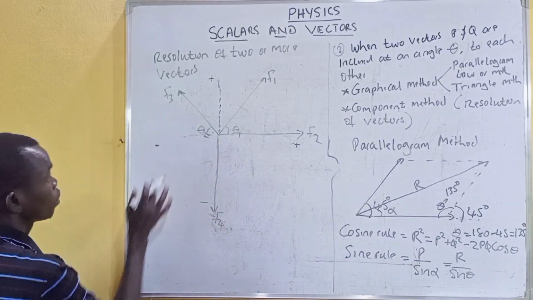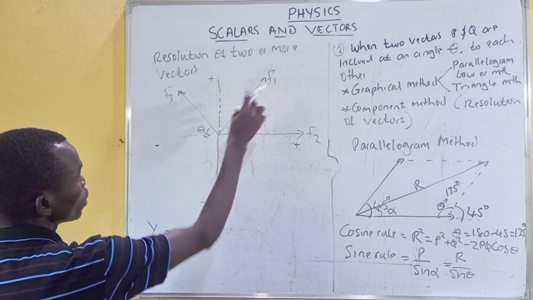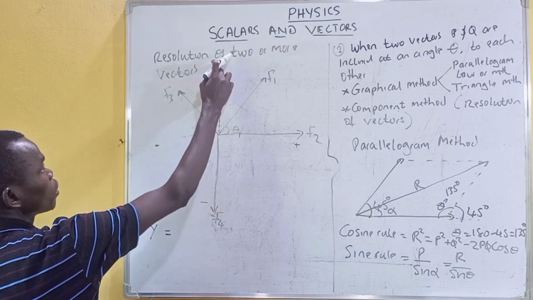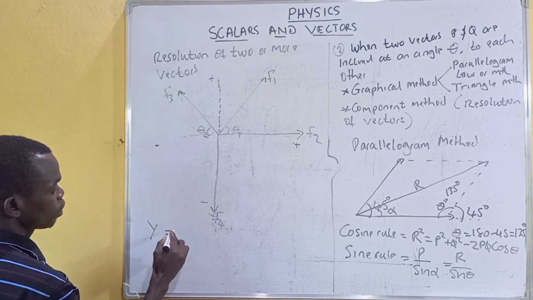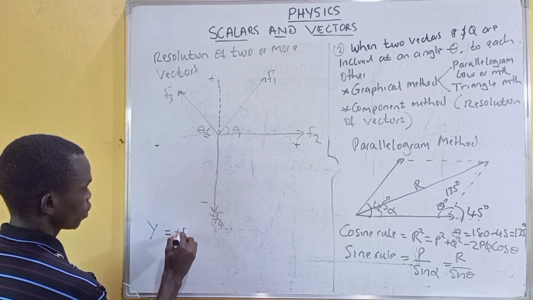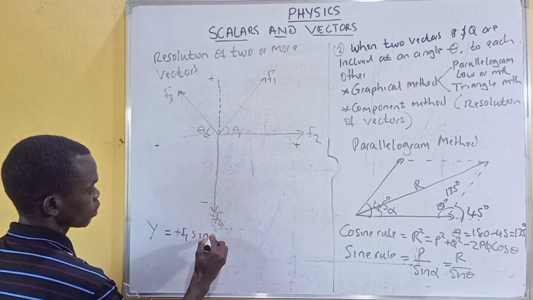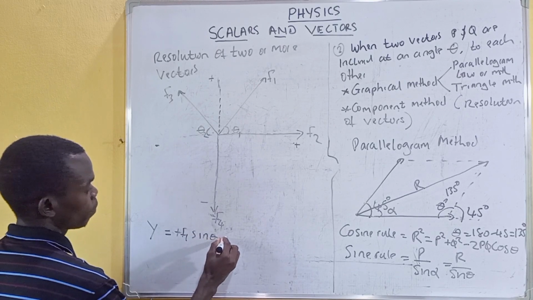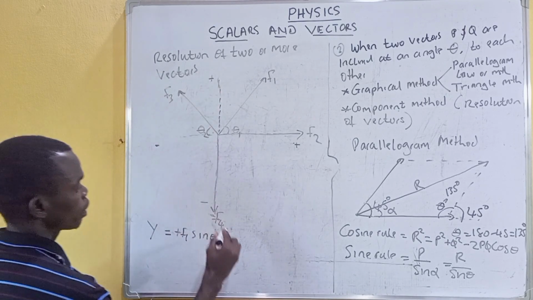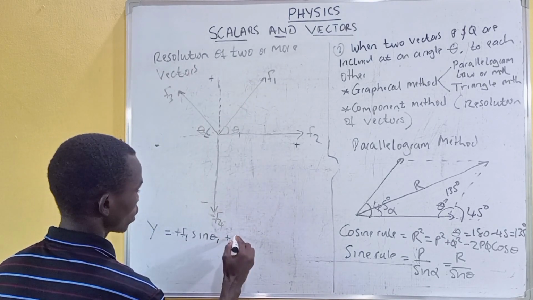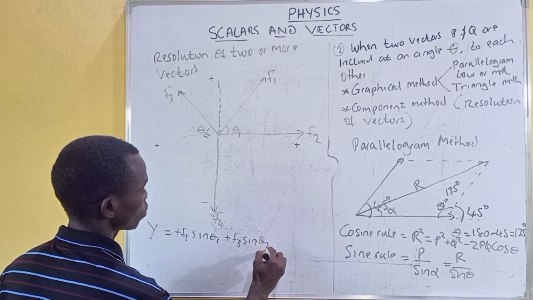If we are to find the vertical component, which is Y, this will be equal to force 1. When we resolve it, opening the angle, and the sign convention is positive, this will be positive F1 sine theta 1, since we are opening the angle, plus, when you resolve this F3 to the vertical, since it is positive also, F3 sine theta 2.